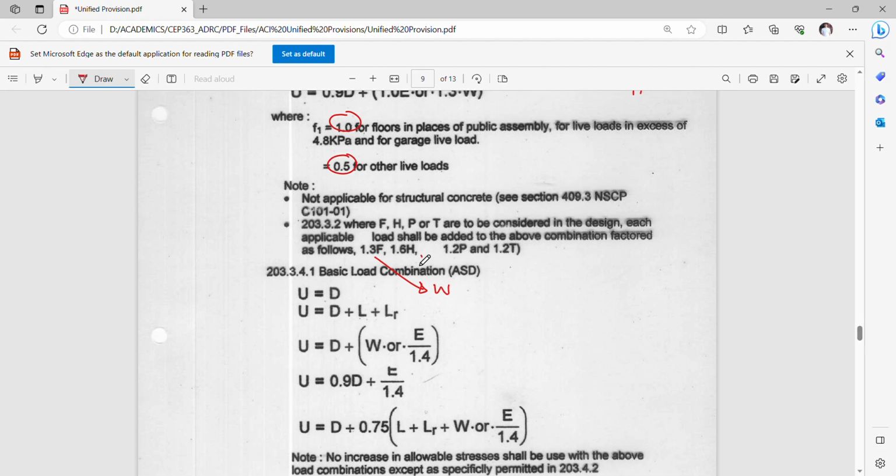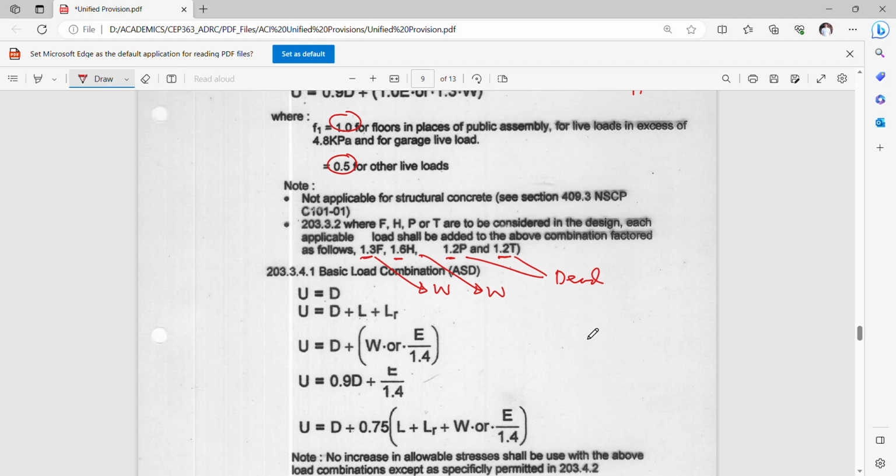Also your 1.6 has something to do with the wind. Your 1.2P and 1.2 has something to do with the dead loads. Because of the factors, you can see that the nature of their weight as far as the load factors are concerned are the same with that of the other significant or primary load cases like the wind and the dead loads.